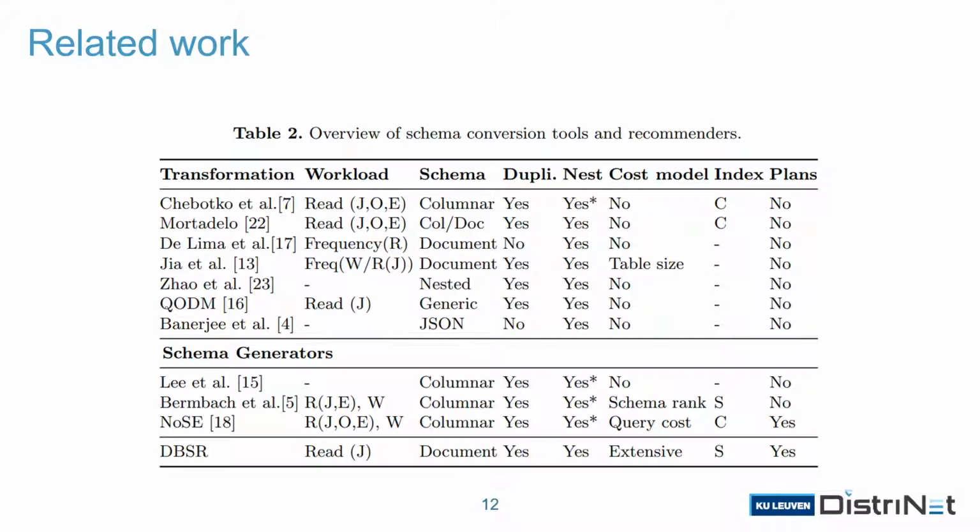And most of the actual generators with advanced cost models mostly exist for columnar systems. So this is where I'm improving the state of the art by introducing a document-based schema recommender with extensive search-based generation, pruning and ranking algorithms, which I think is quite novel when compared to the state of the art.